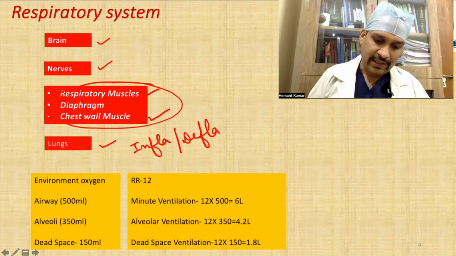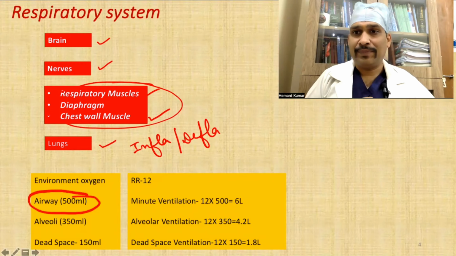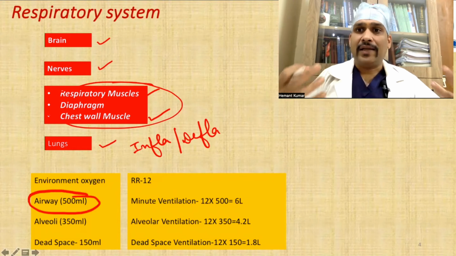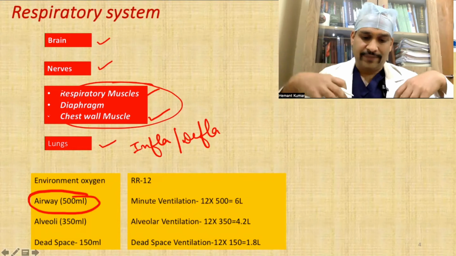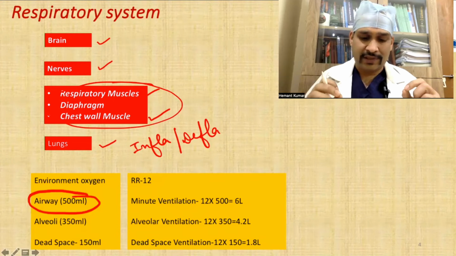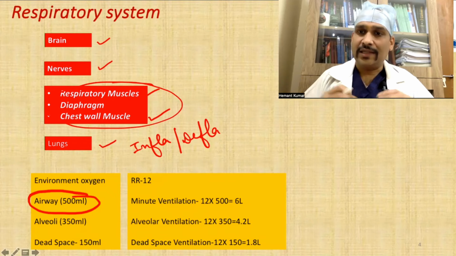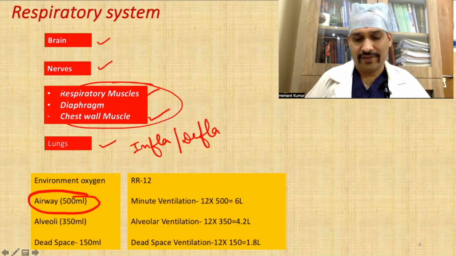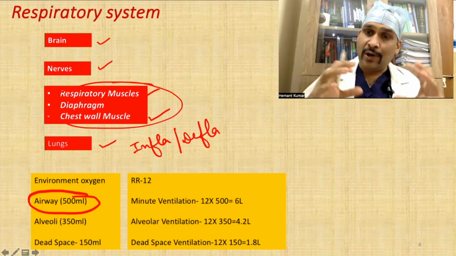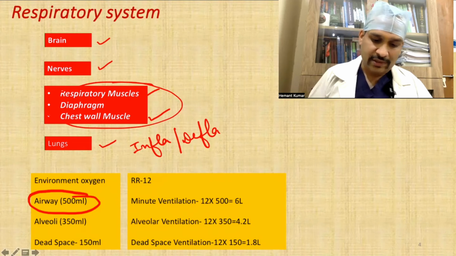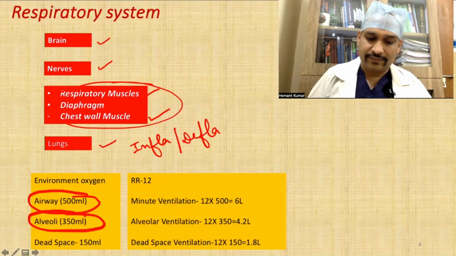Normally the tidal volume is 500 ml, meaning each individual breath takes in 500 ml. But this 500 ml is not all reaching the alveoli, meaning there is loss somewhere. The amount which reaches the alveoli is called alveolar ventilation.